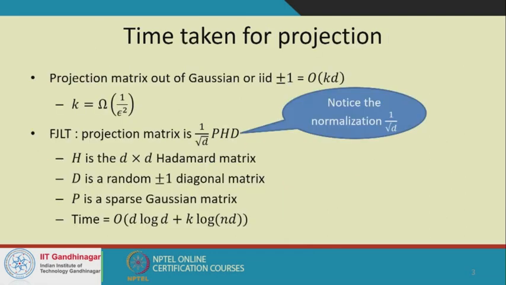So just to recap again, what is the time taken for projection? If the random matrix was selected out of independent Gaussian entries or from independent plus minus ones and zeros, the time taken for projection is order kd, which is basically the time taken to multiply a k by d matrix with a vector of length d. And remember that this k was at least 1 by epsilon square.